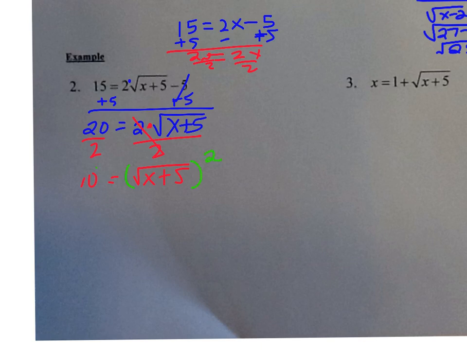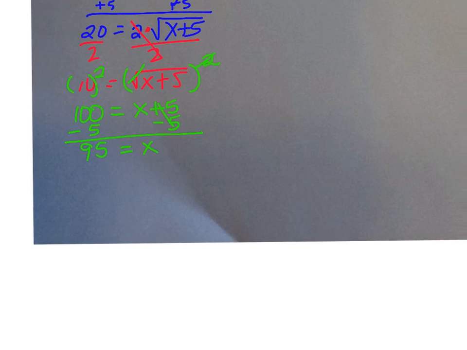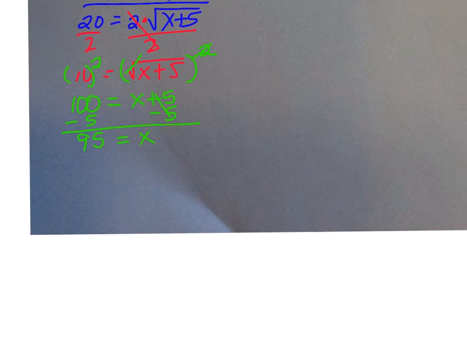Square the right side, square the left side. 10 squared is 100. These cancel each other out, so I'm left with x plus 5. Minus 5 from both sides. X equals 95. Now you have to check it. So write down the word check.